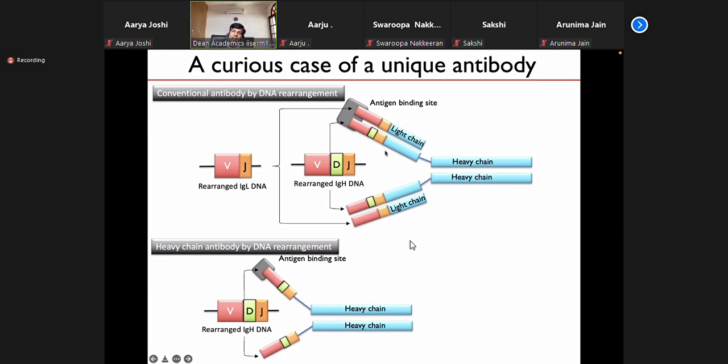So if you try to make a genetically engineered antibody from a conventional antibody, this is called a single chain fragment variable, where all the variable regions are in one chain: VH, VL, and then two times. So you actually have to use a lot of genetic linker to make it a single chain, right?